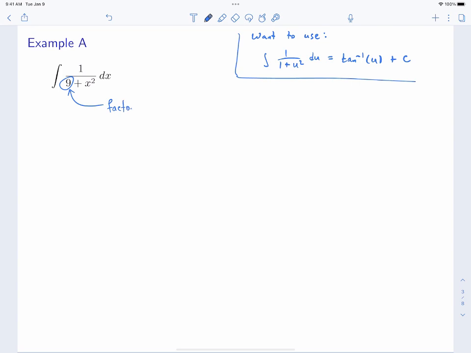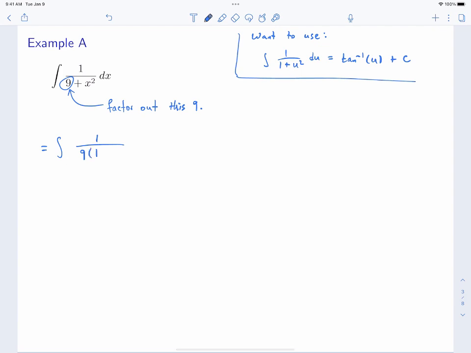If you factor it out, then you're going to end up with a 1 there. Well, let's actually do it so that we can see what's happening. So this is the integral of 1 over, and I'm going to factor out the 9 from the denominator.